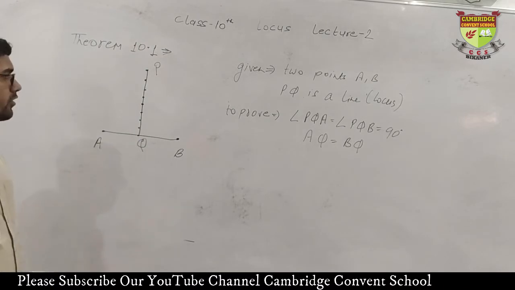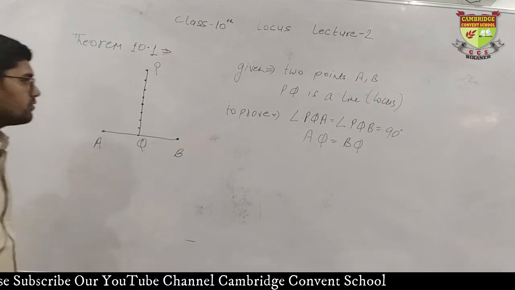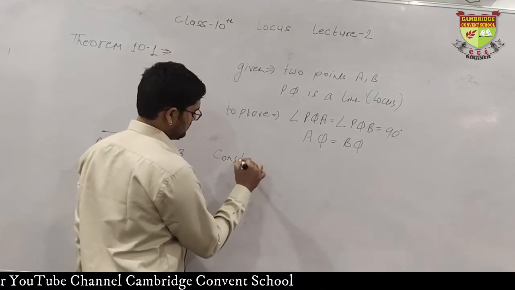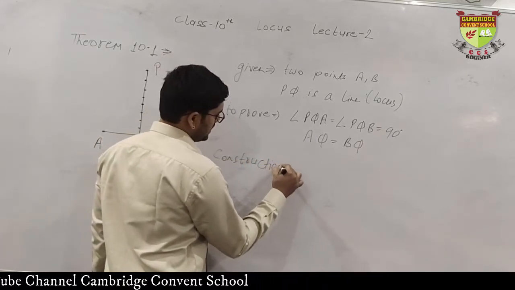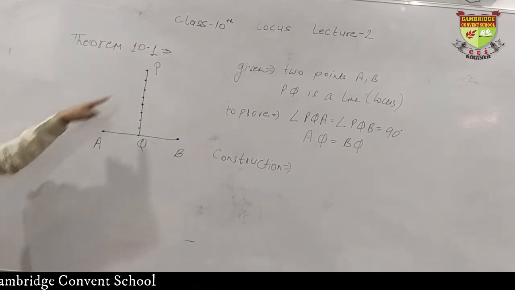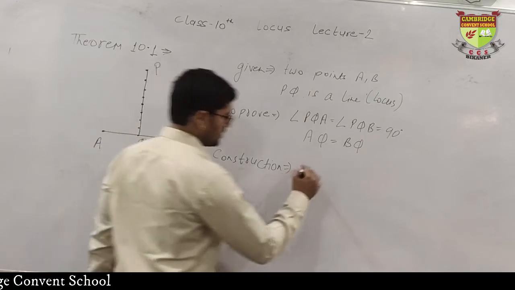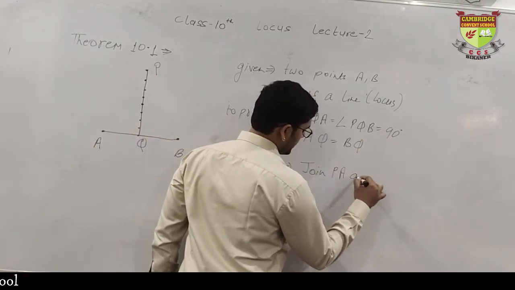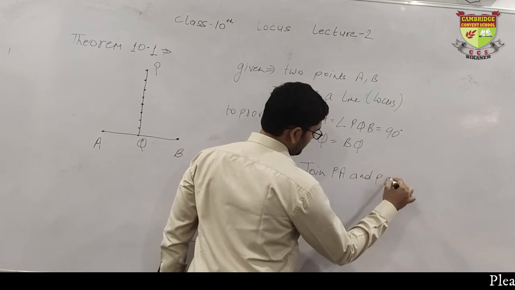Okay. So for this, what are we supposed to do? We need to construct something. Construction. What construction? Join PA and PB.